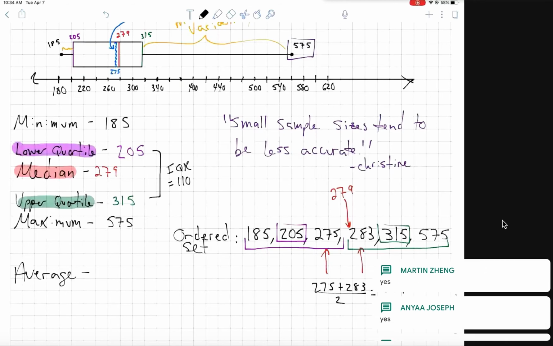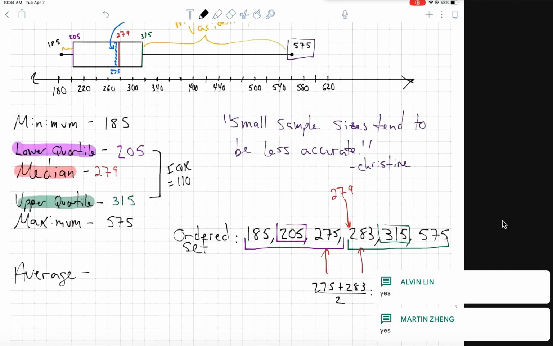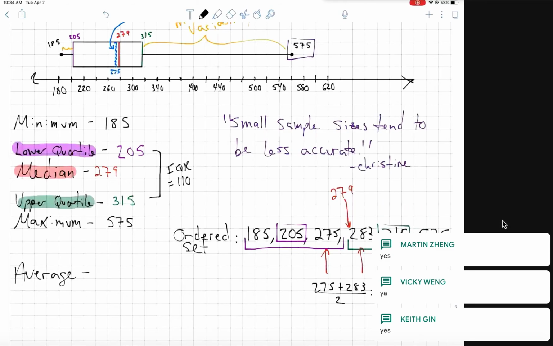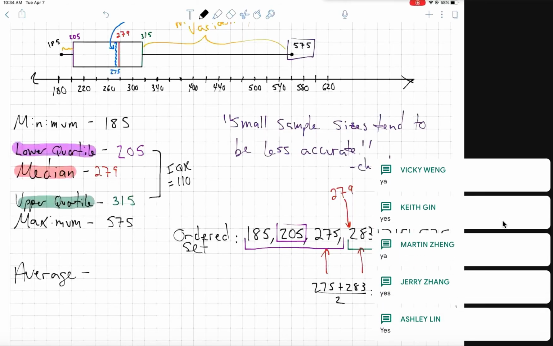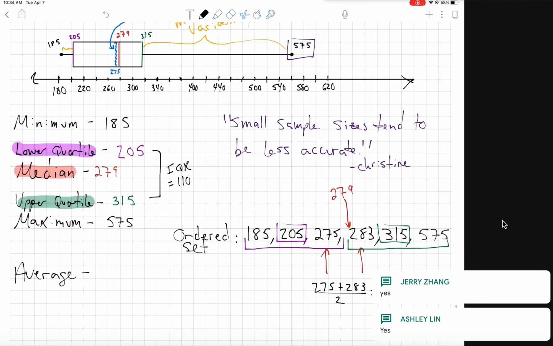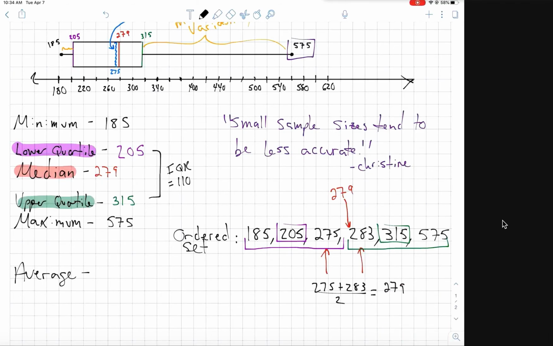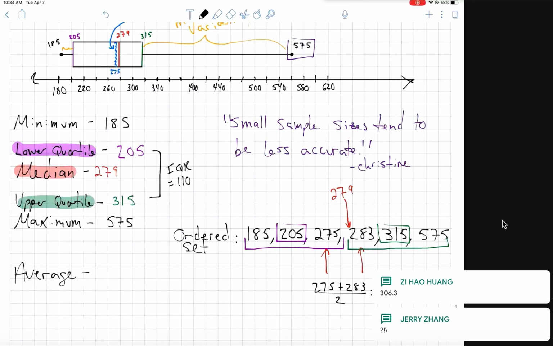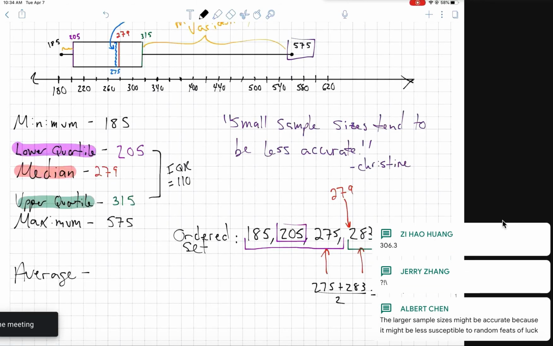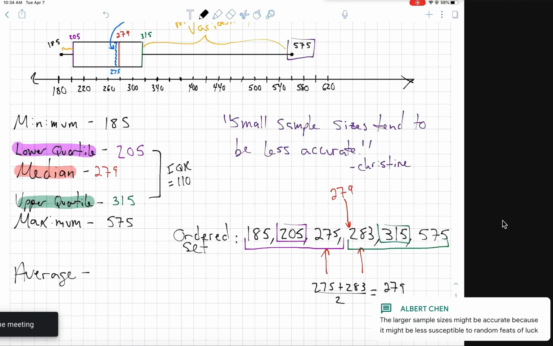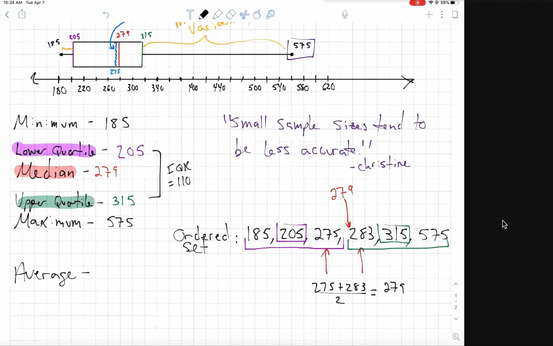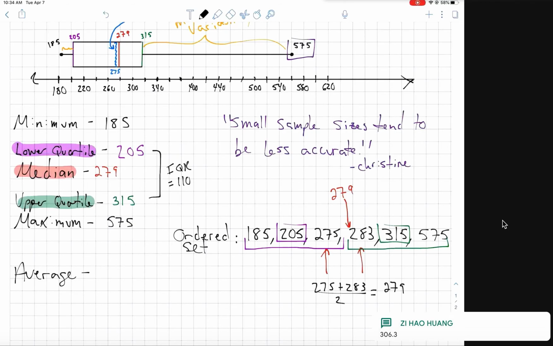You guys tried it on your own? I did not get 275.5, so I'm not sure how you guys are getting 275.5 as the average of those 6 numbers.